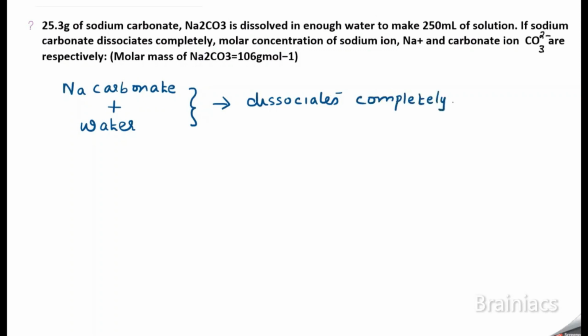If sodium carbonate is dissociating, I can say 1 mole Na2CO3 on dissociating will give 2 mole of Na+ and 1 mole of CO3 2- ion. That means 1 mole Na2CO3 on dissociation gives 2 mole of Na+ and 1 mole of CO3 2-.